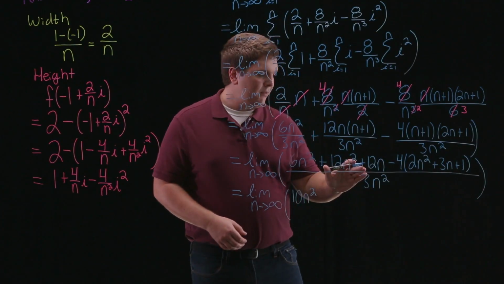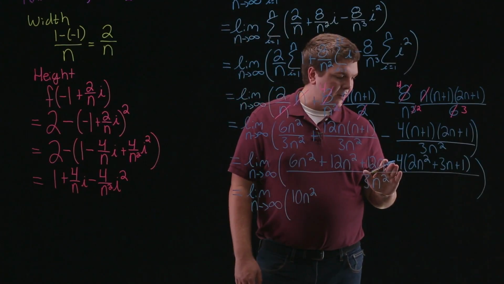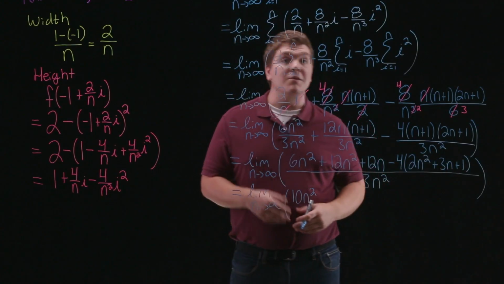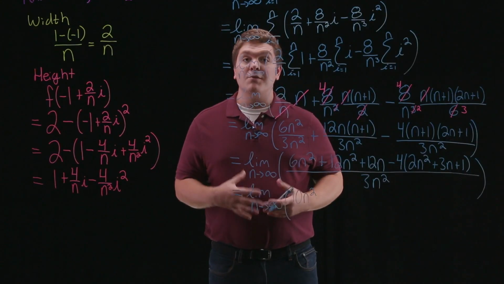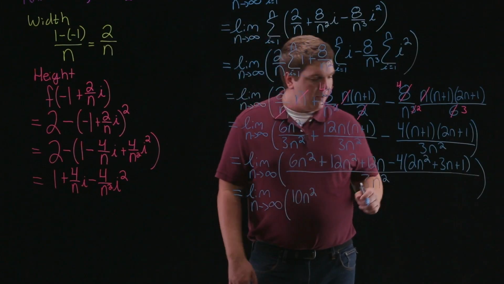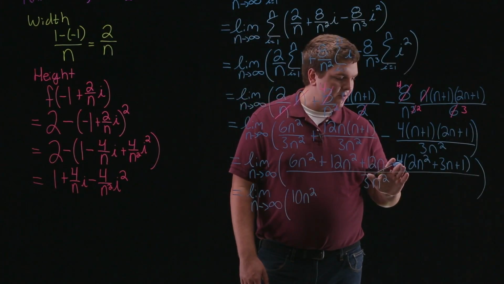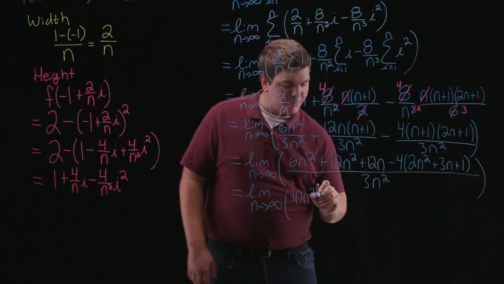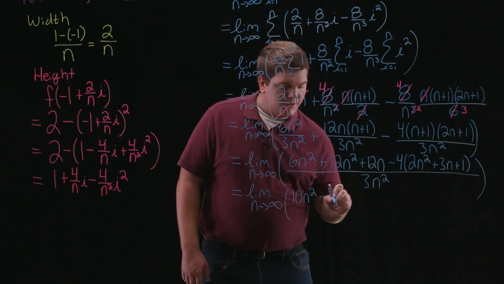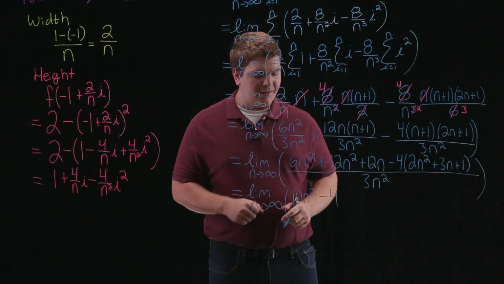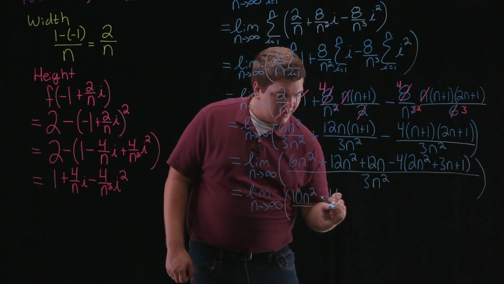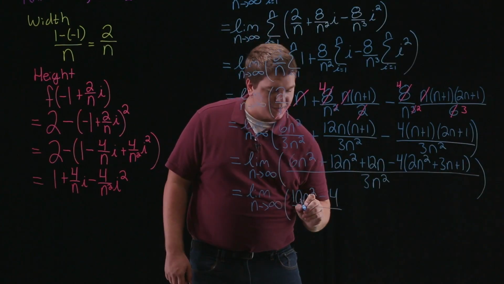Now we have a 12n, and we're subtracting a 4 times 3n, so we're subtracting 12n, so that leaves us with 0n. And finally, we have a minus 4 times 1, so we're subtracting 4. So the numerator simplifies to 10n squared minus 4, and the denominator is still 3n squared.